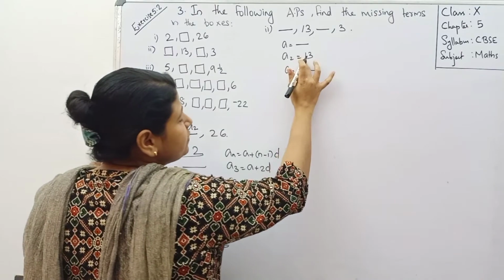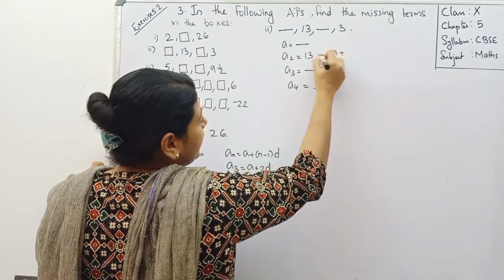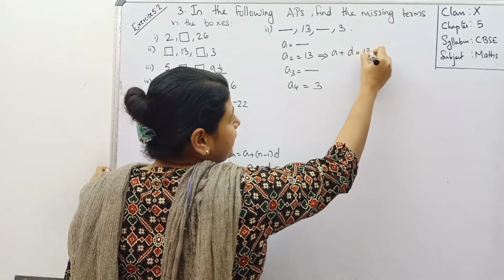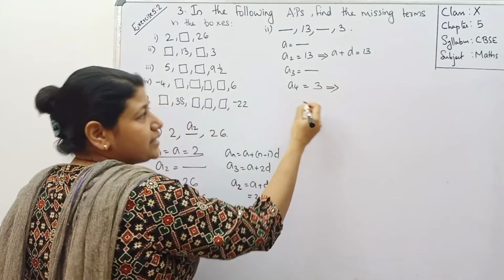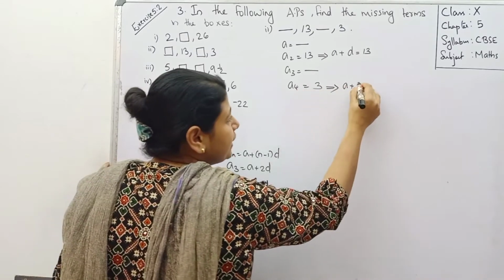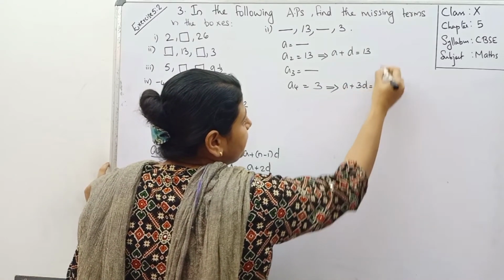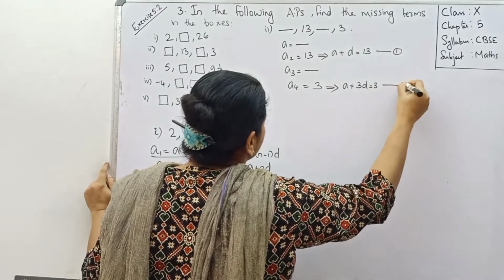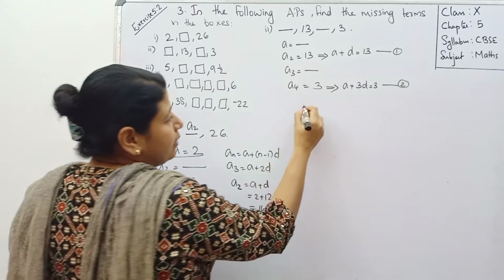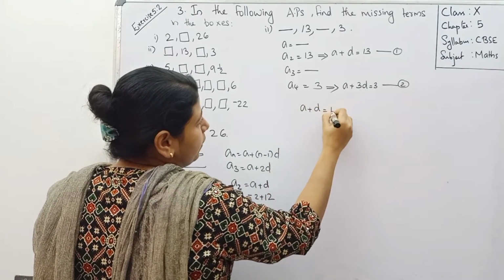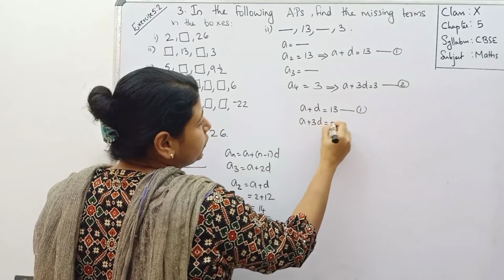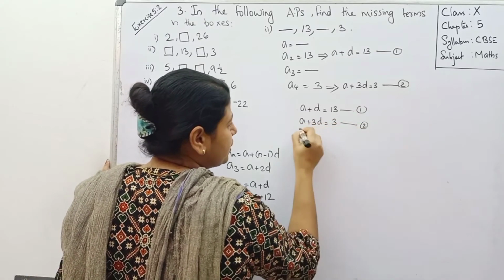From this we can write: a2 is 13 means a plus d is 13, and a4 is 3 means a plus 3d is 3. This is the first equation and this is the second equation. Now we can solve them. a plus d equals 13, first equation; a plus 3d equals 3, second equation.